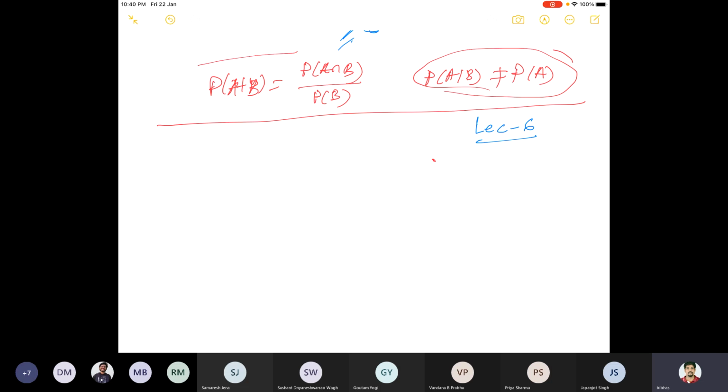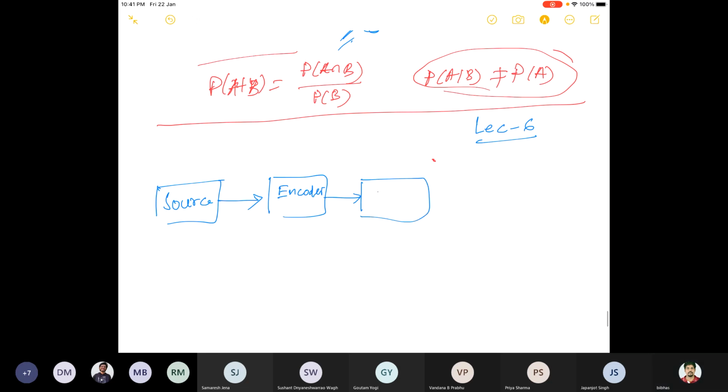I said it is a point-to-point communication system, where we have a source, and we have a destination, and in between source and destination there are some blocks, like an encoder, and then there is a channel, and then there is a decoder, and there is the destination. And in this channel, this is a noisy channel. So there is noise.